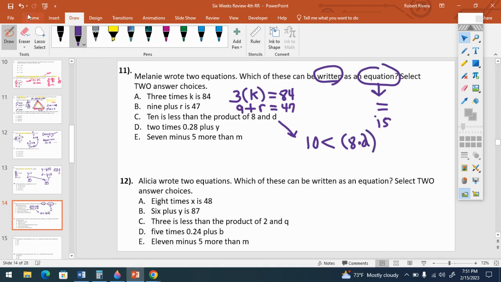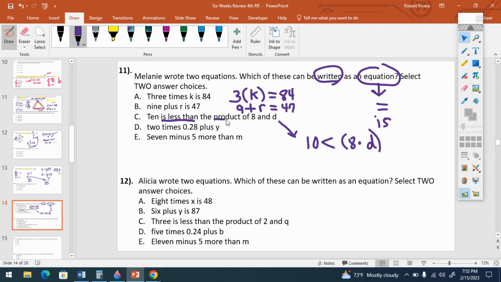That looks like an A. Let me rewrite that because that looks ugly. D. There we go. So even though you had the word is, but because of the word less than, it's really an inequality. So it's saying 10 is less than 8 times D. Why 8 times D?